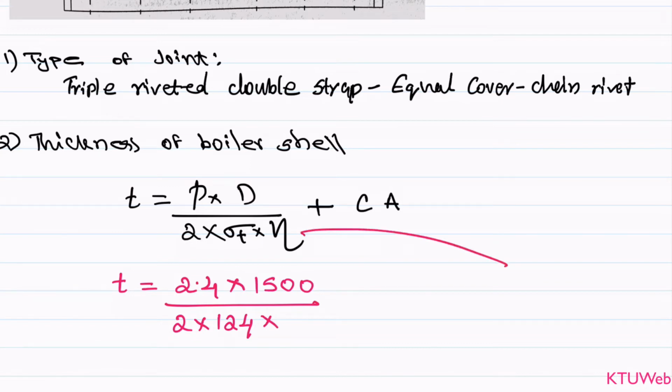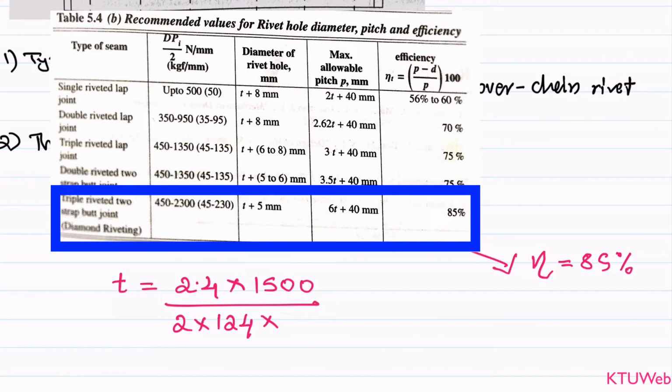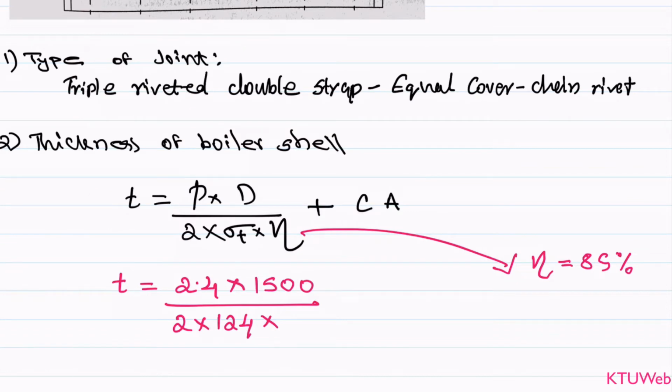Here is maybe a little bit confusing for you. There is a standard efficiency that you could find from your data book. For a triple riveted butt joint, the standard efficiency as per the Indian Boiler Act, eta, is given as 85%. So you can take that from the data book, that is the standard value, if it is not mentioned in the question paper. So we can take 85 percent, that is simply 0.85, plus the CA, the corrosion allowance.